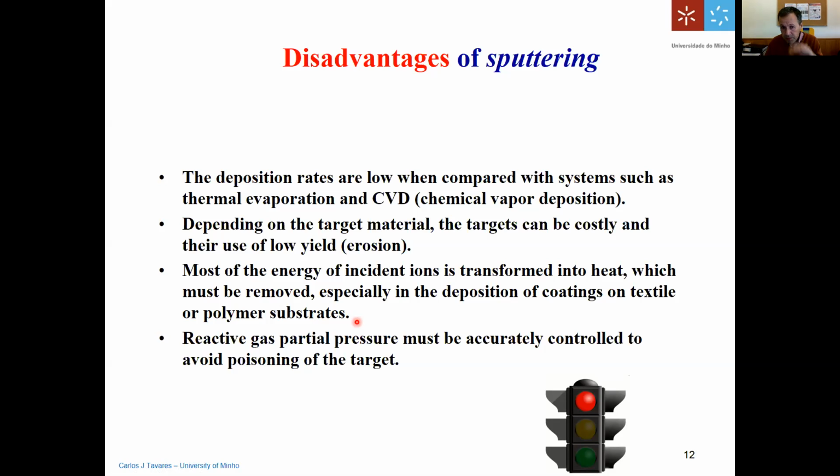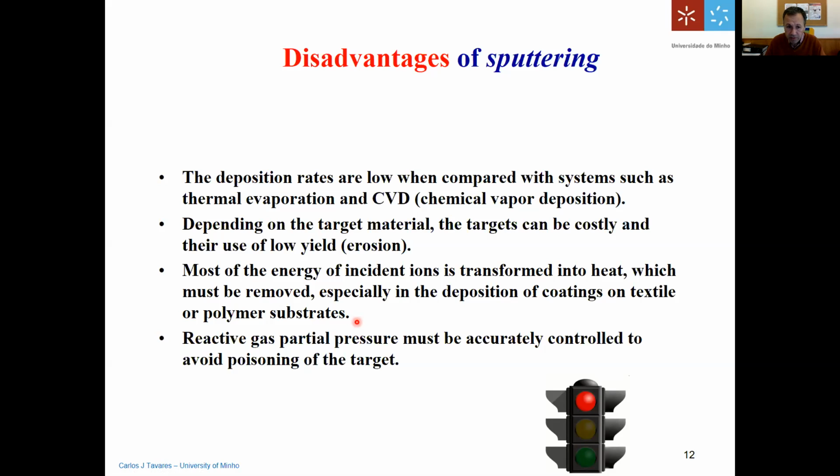And if the temperature of the magnetron exceeds the Curie temperature of the magnets, then the magnets will lose their magnetization, because the Curie temperature of a magnet is the maximum operating temperature that the magnet can withstand without losing its magnetic properties. After that, the magnetic susceptibility is destroyed, and so you lose the magnetic flux that you had in these magnets.